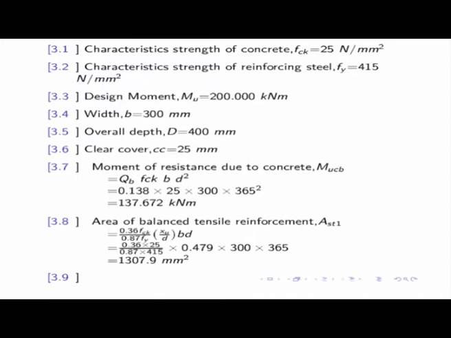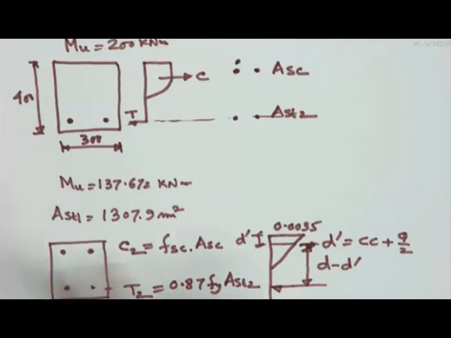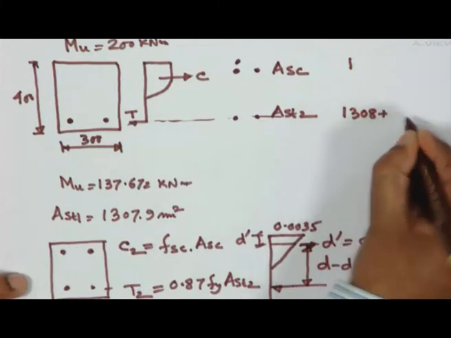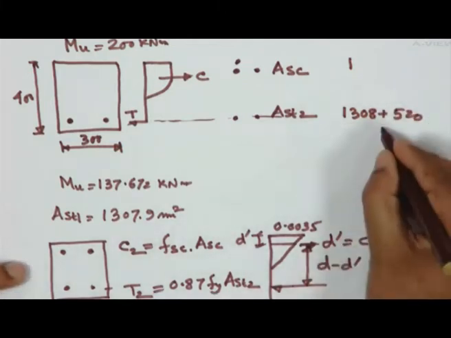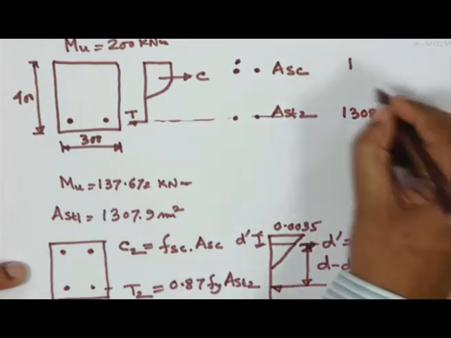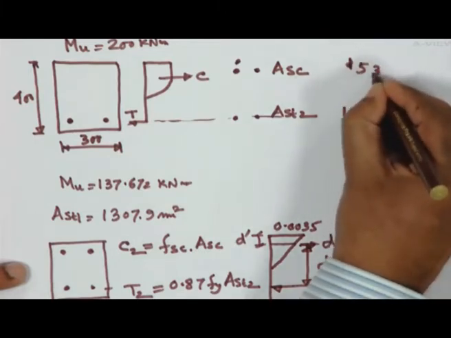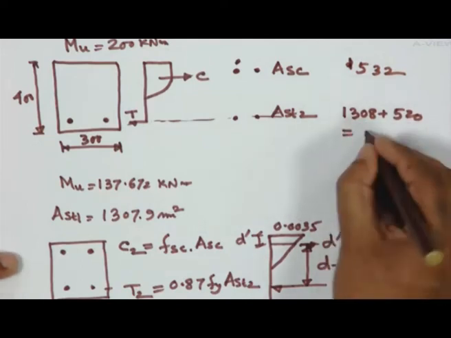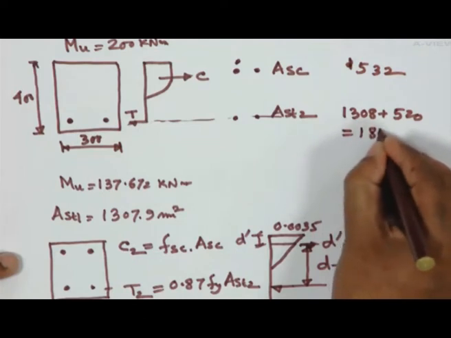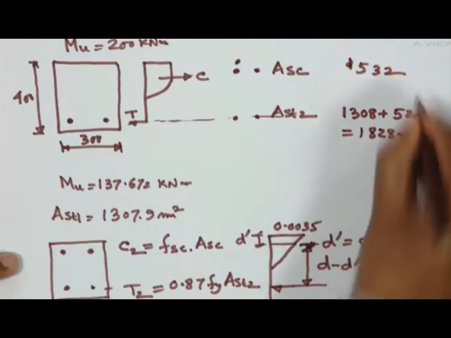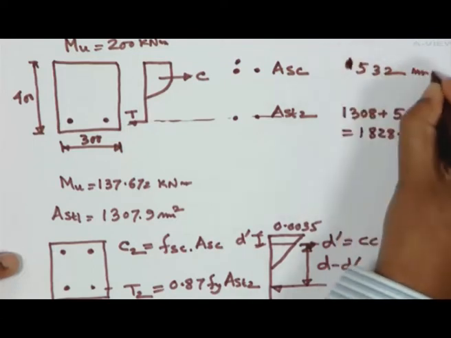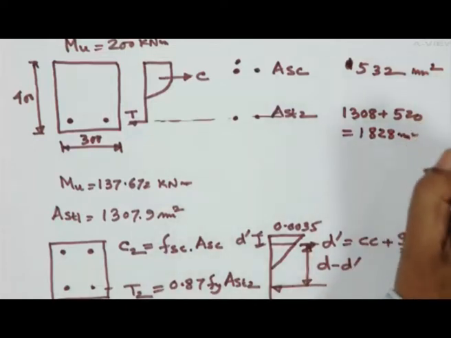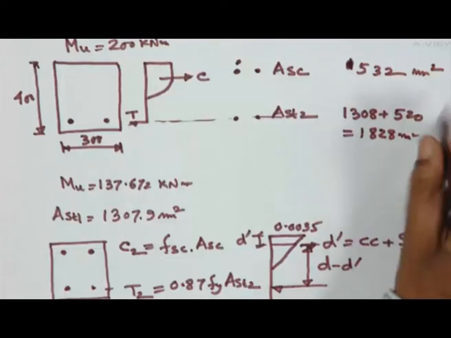So you require tensile steel of 1308 plus 520, which gives 1828 square millimeter, and for this one, compression steel, I am getting 532 square millimeter. So if I get 1828 square millimeter, I have stopped here with this particular value.